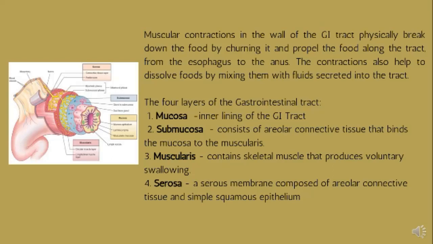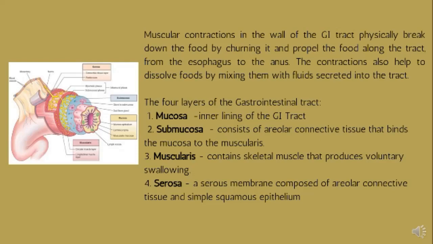The second layer is the submucosa, which consists of areolar connective tissue that binds the mucosa to the muscularis. It also contains many blood and lymphatic vessels that receive absorbed food molecules. The muscularis of the mouth, pharynx, and superior and middle parts of the esophagus contains skeletal muscle that produces voluntary swallowing.